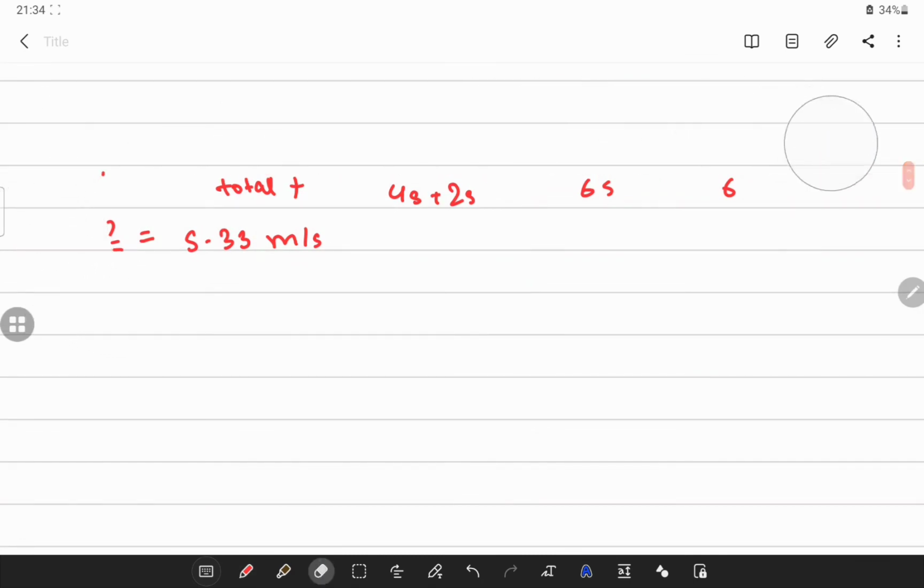Acceleration, as I discussed, if there is zero acceleration there is uniform motion, but if not, then there is a change in velocity, and it is non-uniform motion.